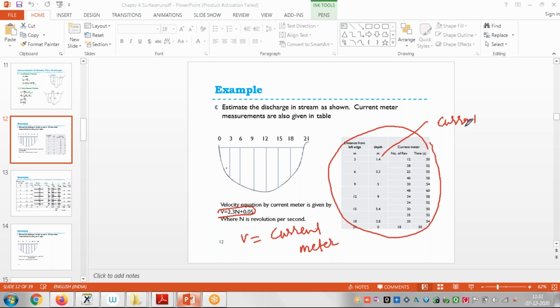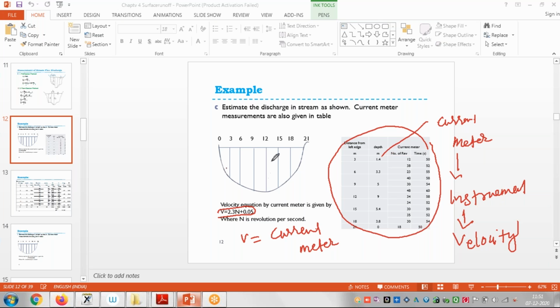And current meter is what? Current meter is an instrument which is used for measuring the velocity. Is this okay? Current meter is used for measuring the velocity, right?